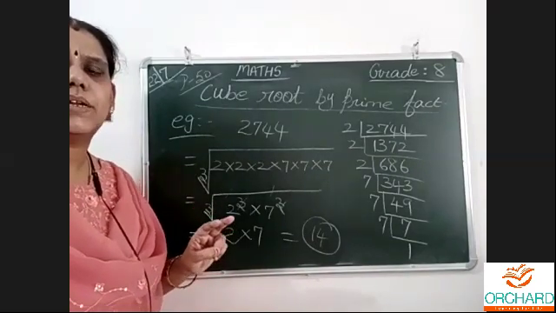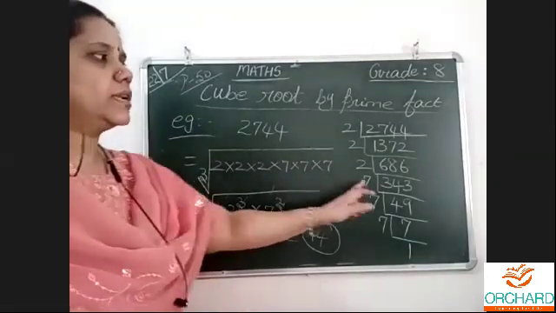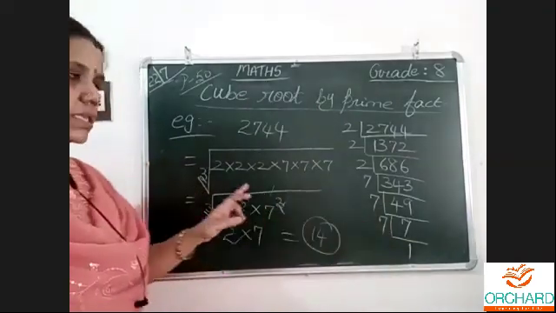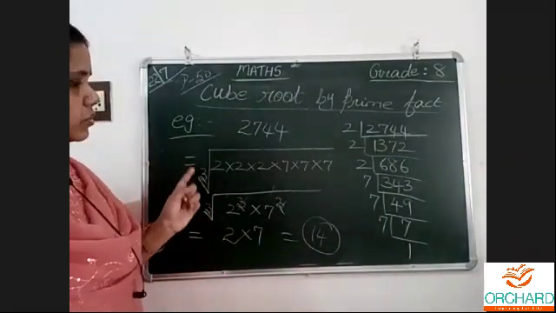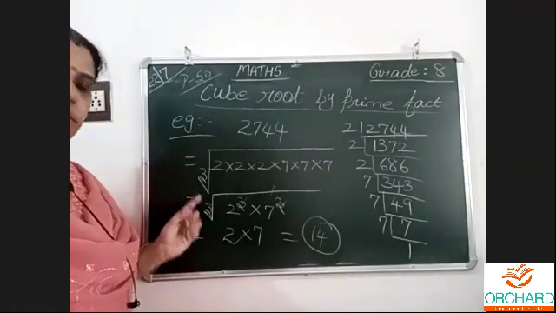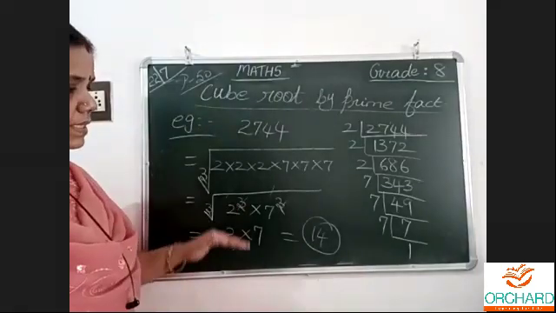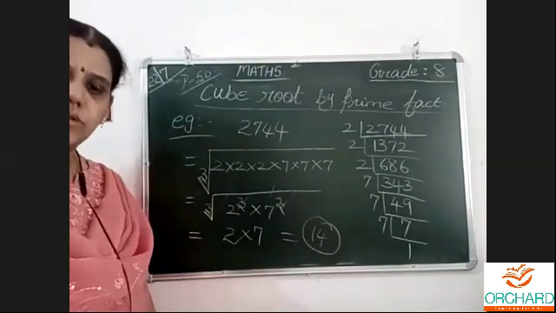Ma'am, this is applicable only for square roots? We have to do the prime factorization, the same process. For square roots, we should not use this 3 and should use the root alone. For cube roots, we need to use this. When the number jumps out, it comes like this. This is the procedure. Like this only to do.